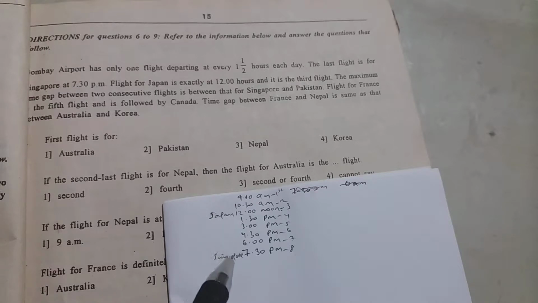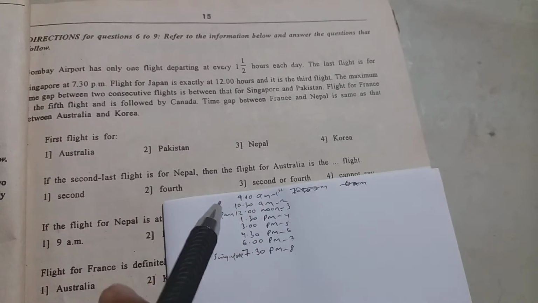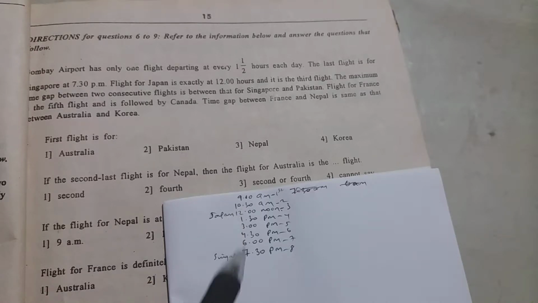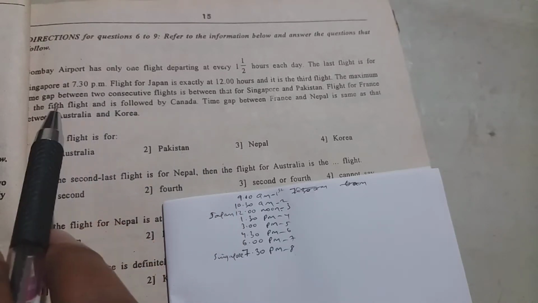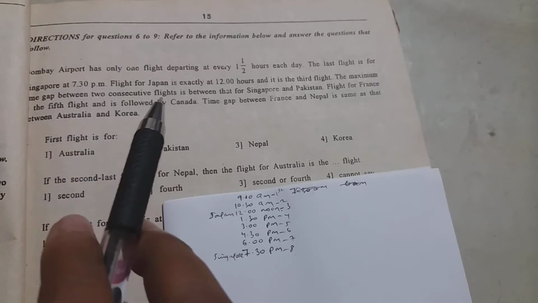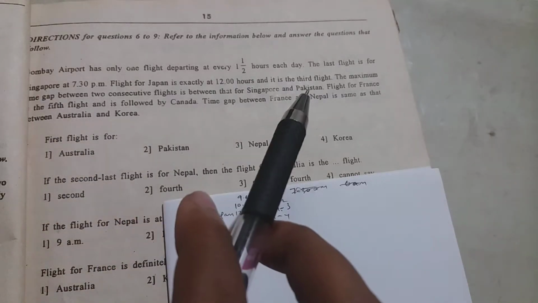Here there will be the maximum time gap, because if you take any other time, let us say between 6 and 10:30 or 6 and 9, that time distance will be less than the time gap between 7:30 p.m. and 9 a.m. This is the largest time gap that you can have, the first flight and the last flight.